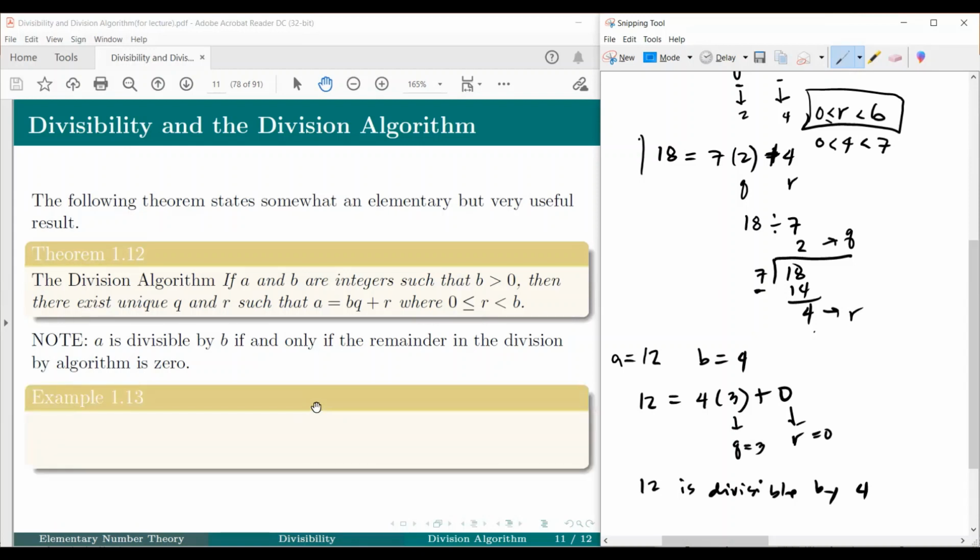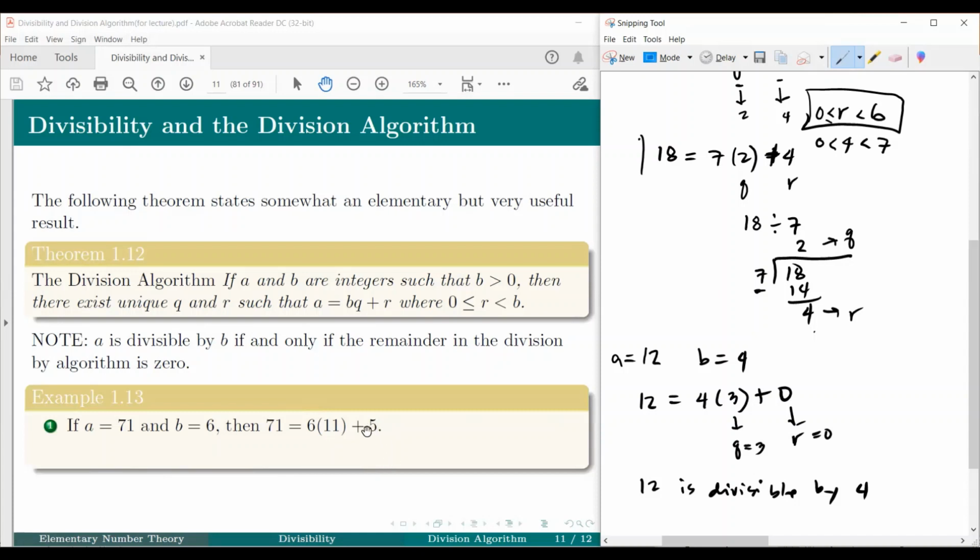Now, let's have here an example. If A is equal to 71 and B is equal to 6, so we have 71 is equal to 6 times 11 plus 5. So 66 plus 5 is equal to 71. Here, Q is 11, and then R is 5.